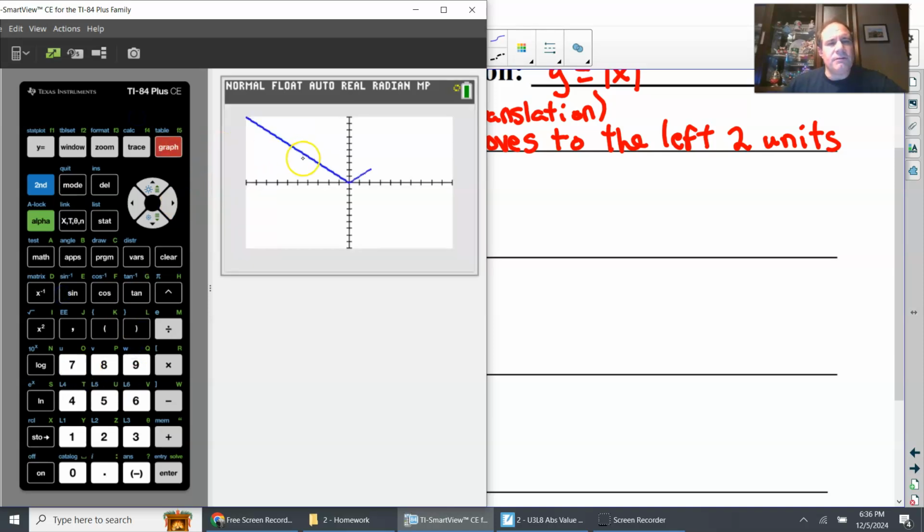Now you go and look at what the graph is doing. The blue absolute value graph is the absolute value parent function. The red is what your function for number 2 is, that's the function that you have to describe. So now it faces downward, it reflects downward, and then it moves up 1, 2, 3, 4, 5, 6, 7.